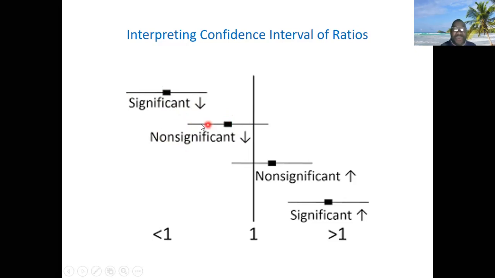So this one is not significant because the confidence interval has included 1. In the population, you are 95% confident that the value between here and there can be 1. 1 is one of the possible values it can assume, so it is not significant. But this first one is significant.